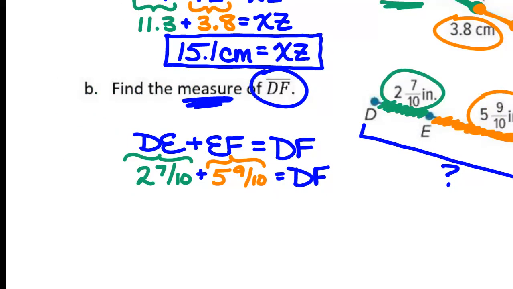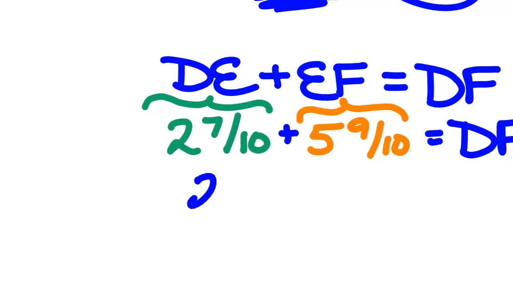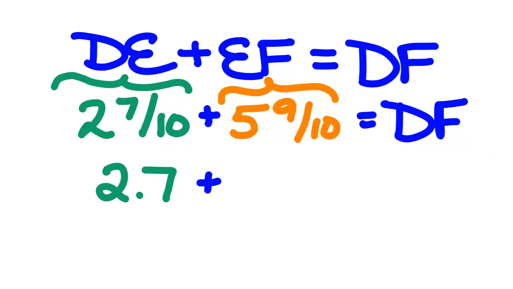You're absolutely correct. The other thing that we could do is change it into its decimal form also. Does anybody happen to know what 7 divided by 10 is in its decimal form? 0.7. So 2 7/10 would become 2.7. What do you think 5 9/10 would be? 5.9.